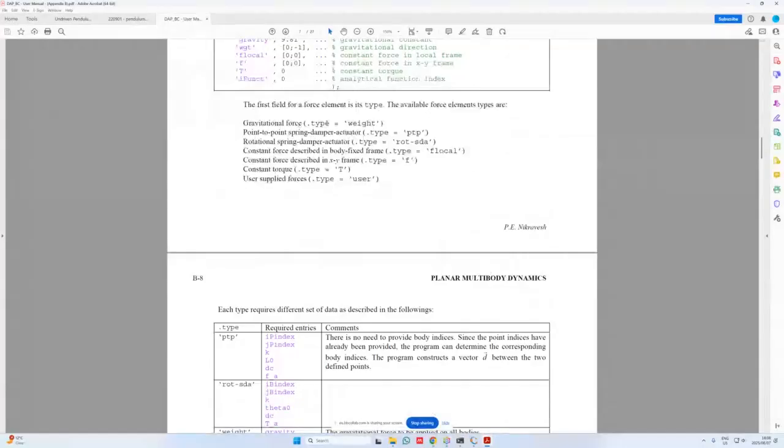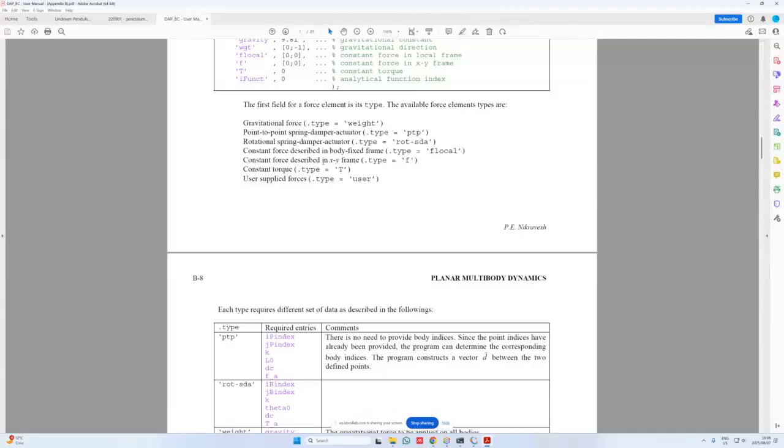For gravitational force, my type is simply defined as weight. For a point-to-point spring damper actuator, its type is defined as PTP. A rotational spring damper actuator is then ROT-SDA. If I want a constant force acting on a system described in the body fixed frame, so in the local coordinate system of the body, then its type is F local.